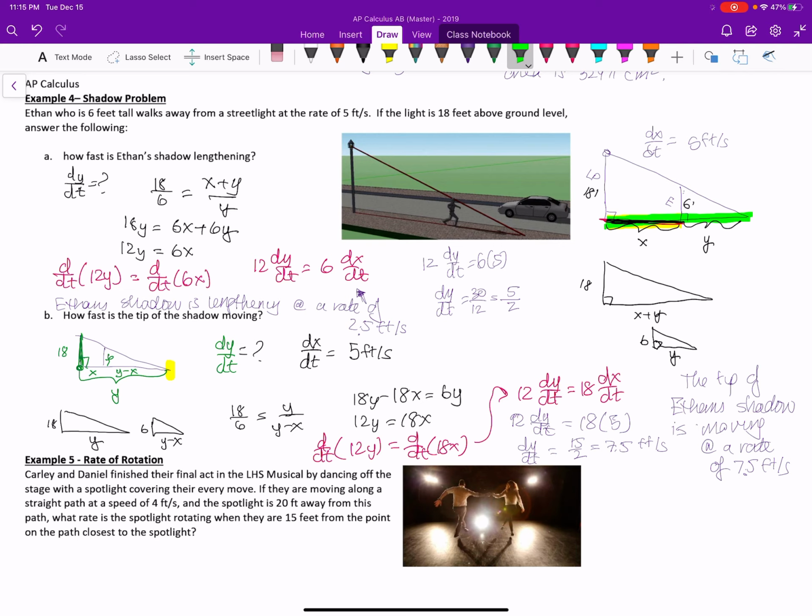Then I can just take x plus y for that entire length. So the rate of change would also just be dx/dt plus dy/dt. I found out that Ethan's shadow length is changing at 2.5 feet per second, and he's moving at 5 feet per second. So essentially those two rates get added together to give me how fast the tip of the shadow is moving, which is 7.5. So you get the same value. I'm just trying to show you two different ways you can find it.